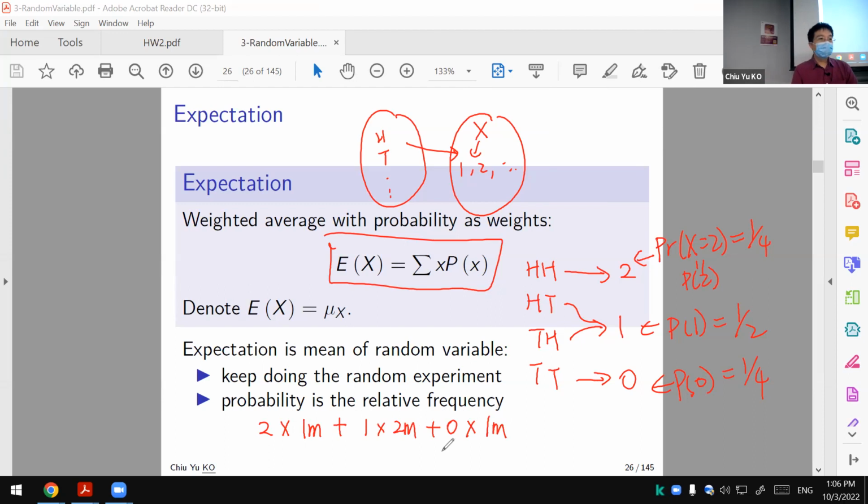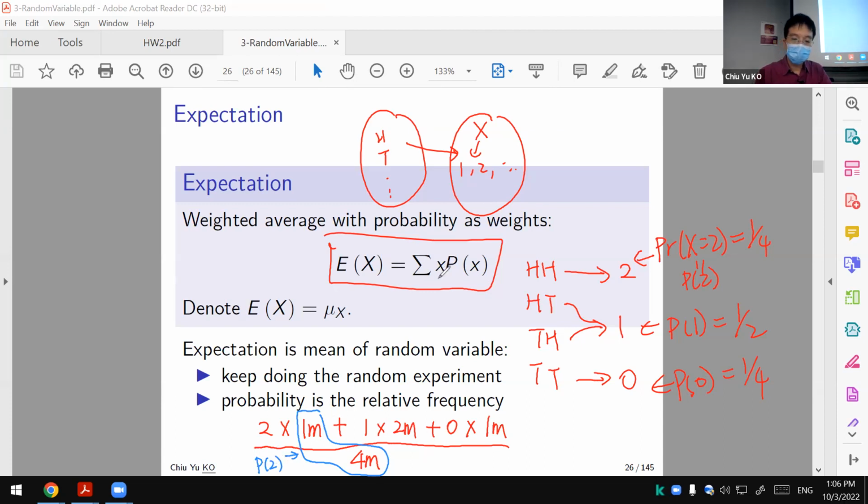And to calculate the mean, you have to divide by the total number of experiments, 4 million. Then you look at this: 1 million over 4 million is what? It's exactly P of 2. So that's how you get the expression.